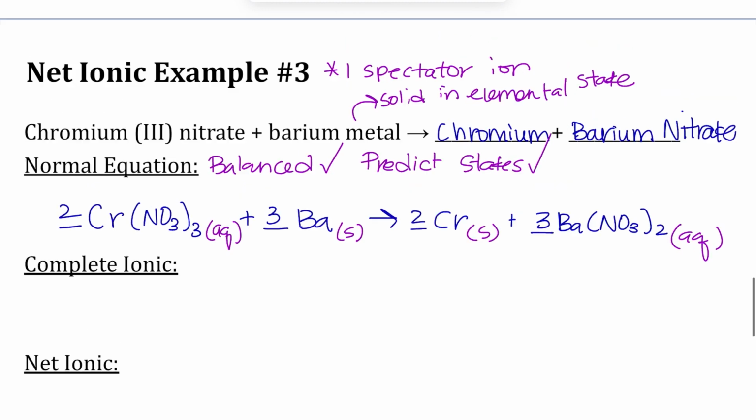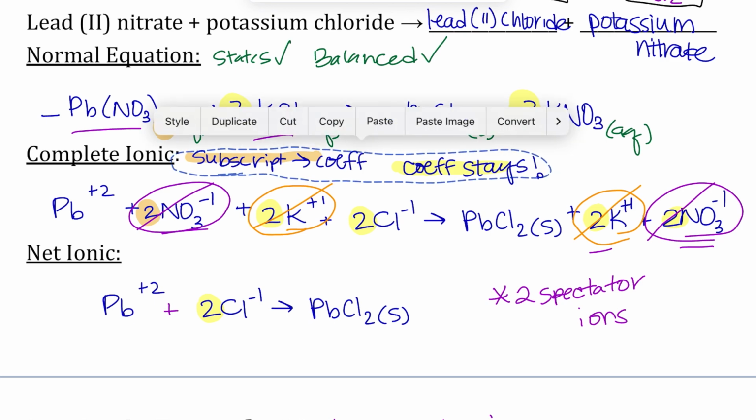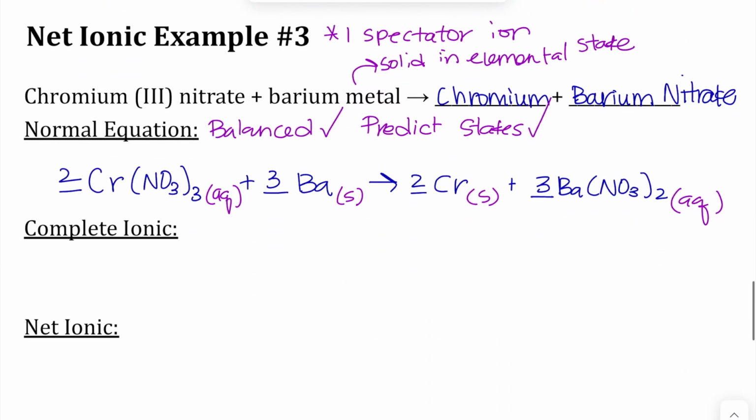So we have 2 solids in here, which does make things a little bit different, but our process is the same. Remembering that from our rules up here, subscripts are going to become coefficients, and coefficients stay coefficients. So we need to make sure we're paying attention to those here. We've got coefficients in actually every term.